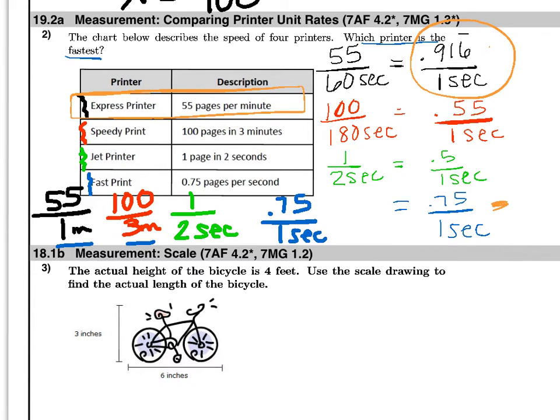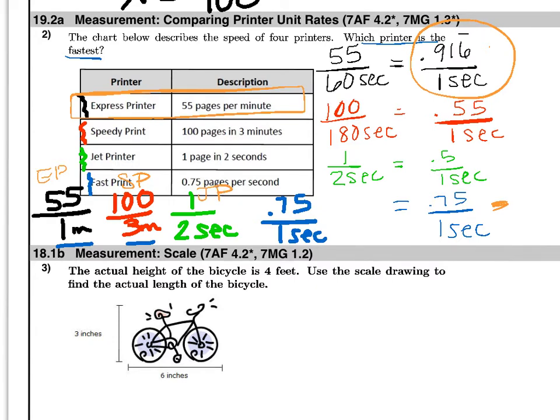Okay, but of course, there's a couple things I'm going to be looking for on this problem. I want all this work. You can get out highlighters or colored pens. Either that, or when you're working on your paper, you can title it: this is Express printer, this is Speedy printer, this is Jet printer. You can make yourself little notes so that you can solve it.